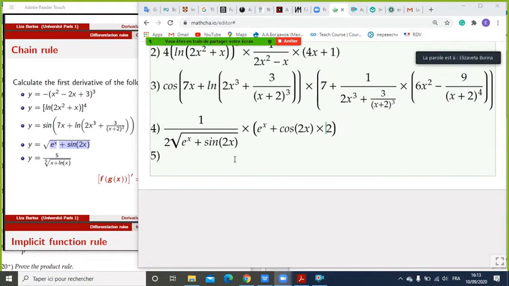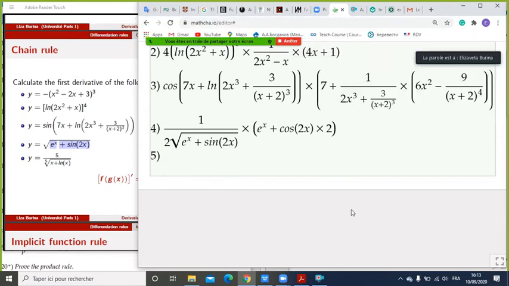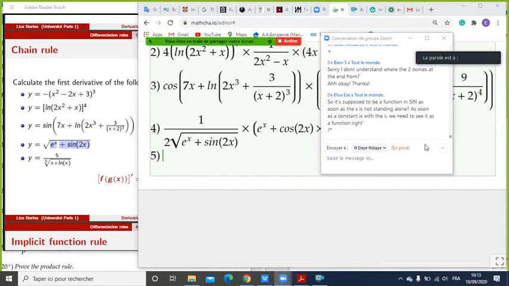Perfect. And the last one, where is it? I have more. It's supposed to be a function in sine as soon as the x is not standing alone.